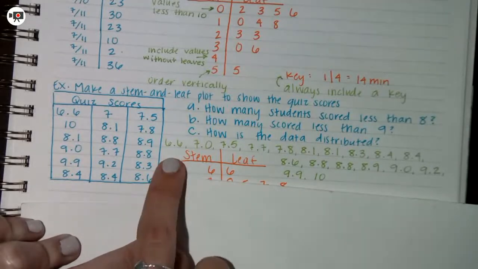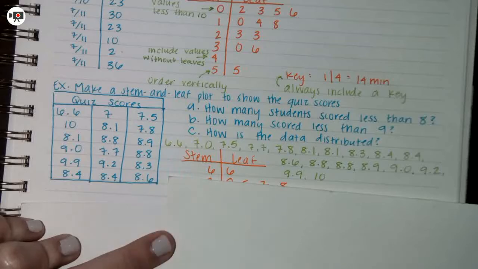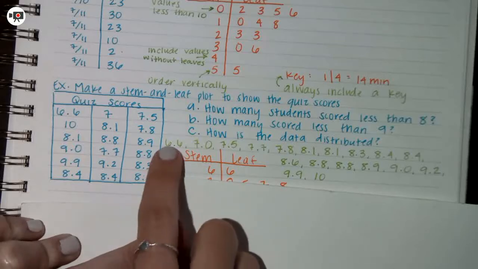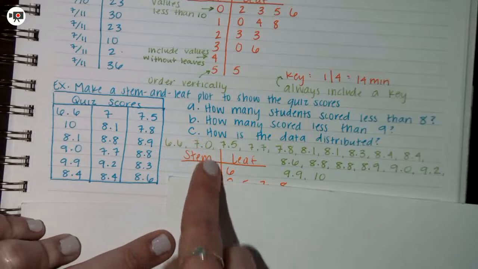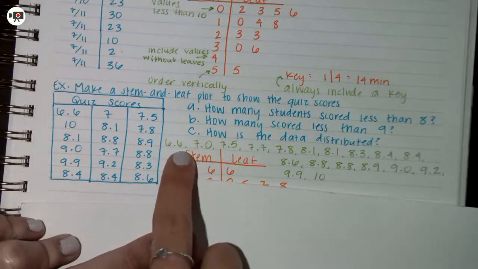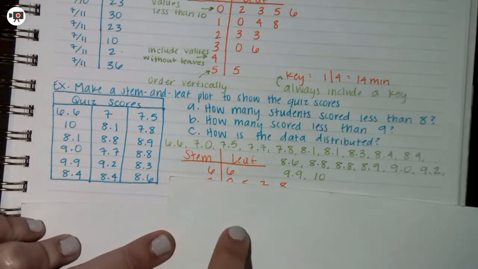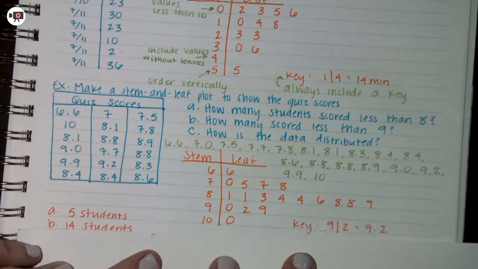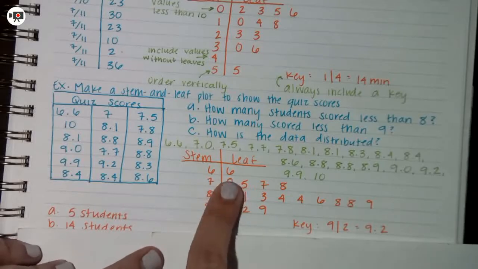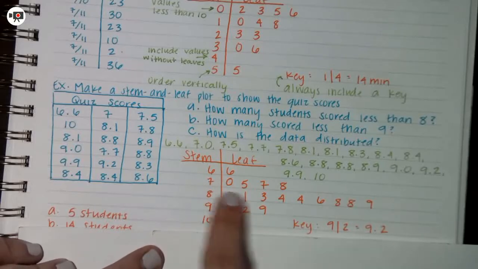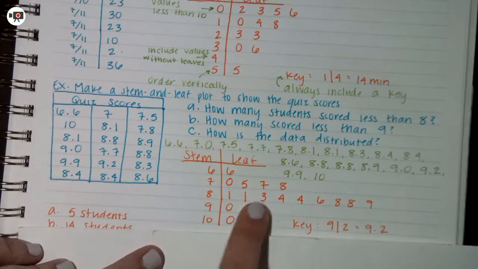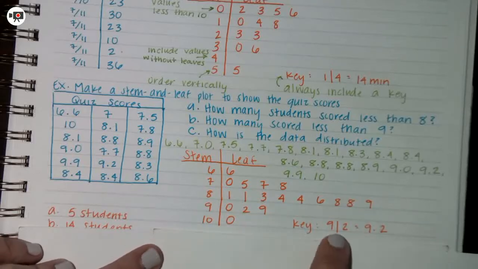Since these are all in the 1's, technically, 1's is the largest we have, that is going to be the stem. Then the decimal places will be the leaves. So if I put those there, this is 6.6, 7.0, 7.5, 7.7, and so on, showing with the key that 9 with the line 2 is 9.2.